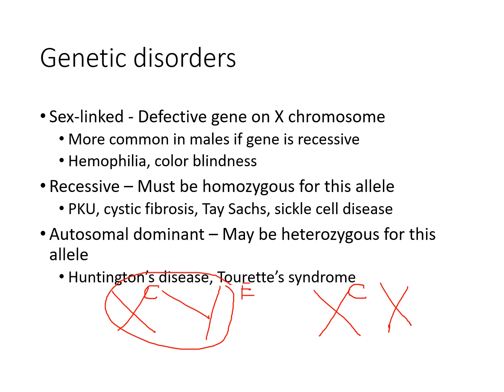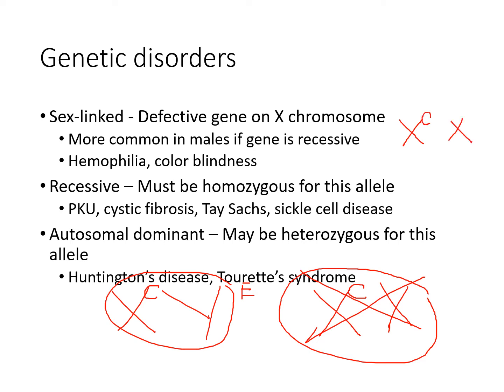And for this female, because this is a recessive trait and she has another X chromosome, we're going to see that she is just a carrier. So this is not going to be expressed. So she's not going to know that she's a carrier unless she has some genetic testing for some reason. Now, let's imagine that we have this same female here, and let's imagine that her mother is a carrier for color blindness.